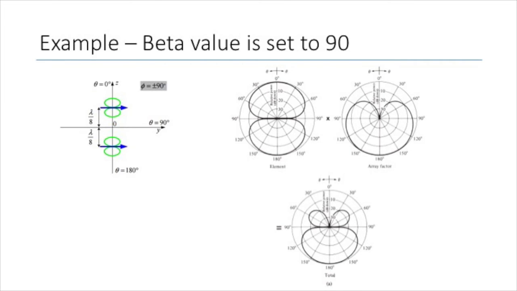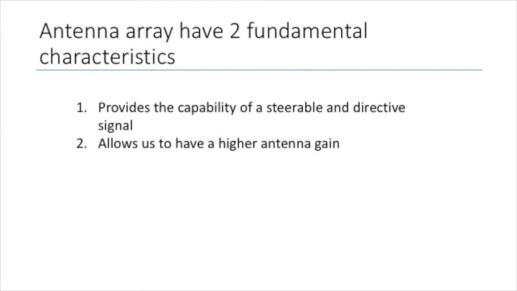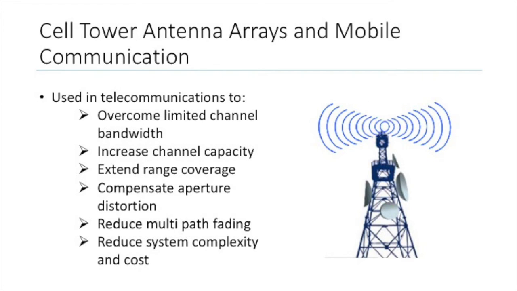By changing the phase difference from 0 degrees to 90 degrees, we can see that only the array factor is affected, which allows us to manipulate the total array pattern. This example highlights the two fundamental characteristics of the antenna array. We see that the antenna array provides capability of a steerable and directive signal and also allows us to have a higher antenna gain.